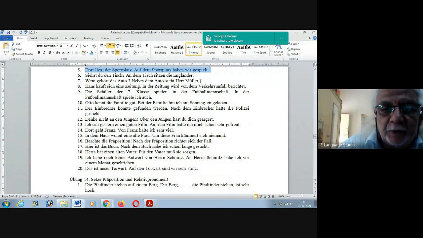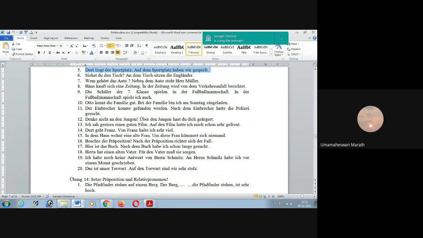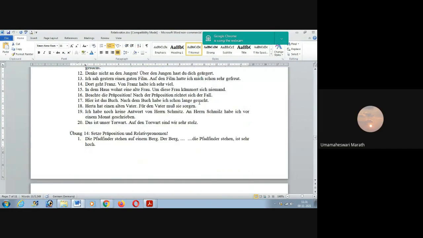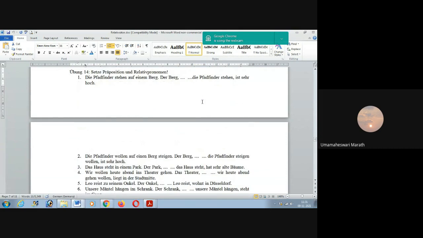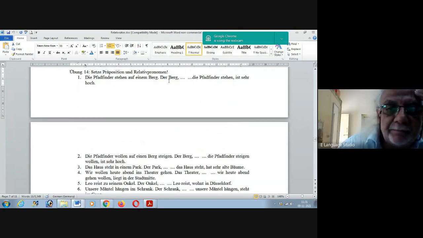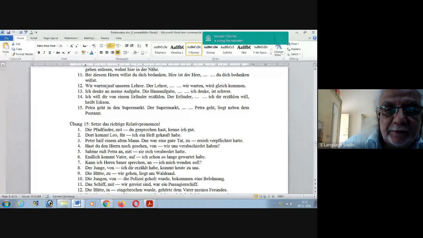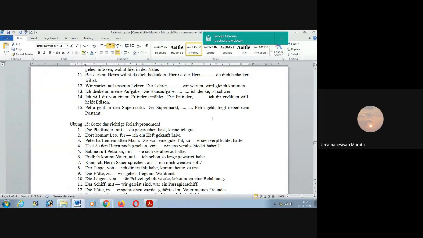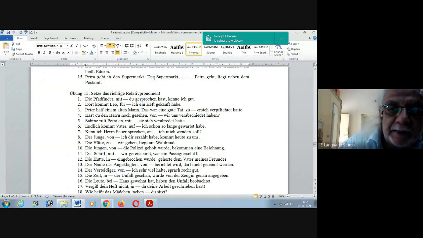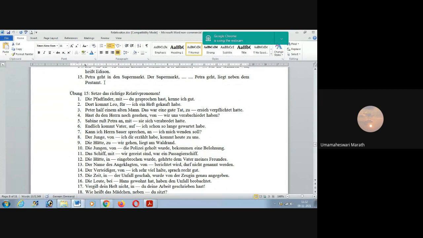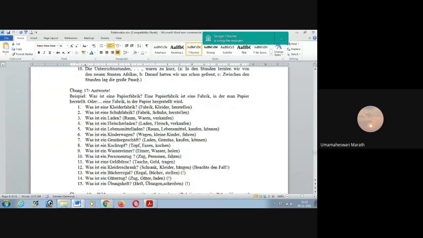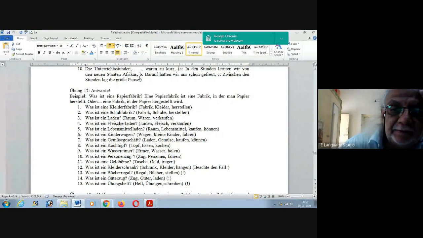Neben dem Auto steht Herr Müller. Die Pfadfinder stehen auf einem Berg. Der Berg, auf dem die Pfadfinder stehen, ist sehr hoch. Wir warten auf unseren Lehrer. Der Lehrer, auf den wir warten, wird gleich kommen. Petra geht in den Supermarkt. Der Supermarkt, in den Petra geht, liegt neben dem Postamt. Very simple.